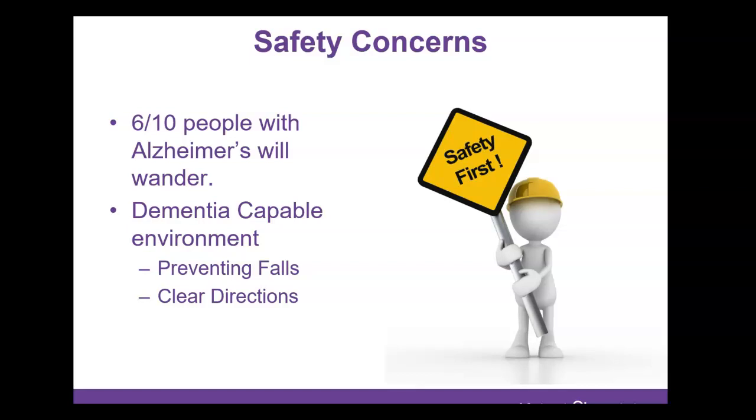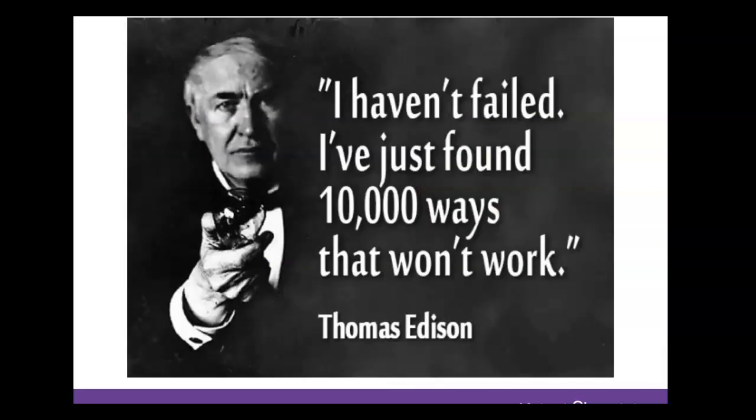And they need oftentimes a dementia capable environment. So, an environment capable of managing, monitoring, and supporting individuals dealing with Alzheimer's to help prevent them from falling and helping to provide clear directions to help improve that client's ability to understand as long as possible.